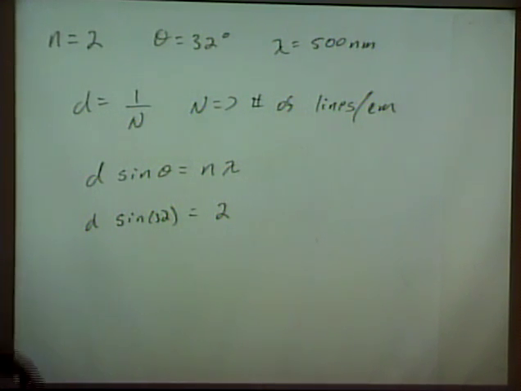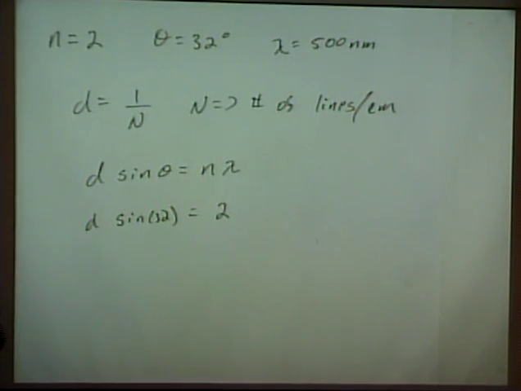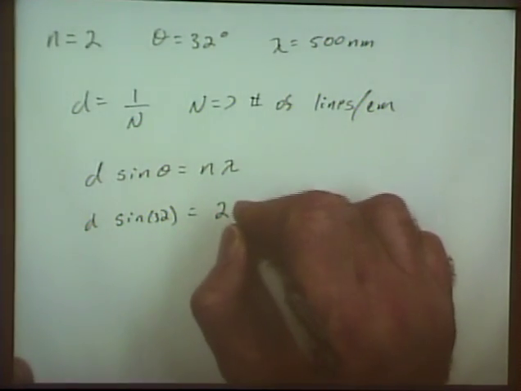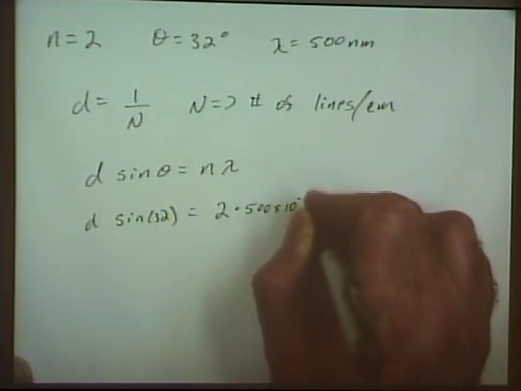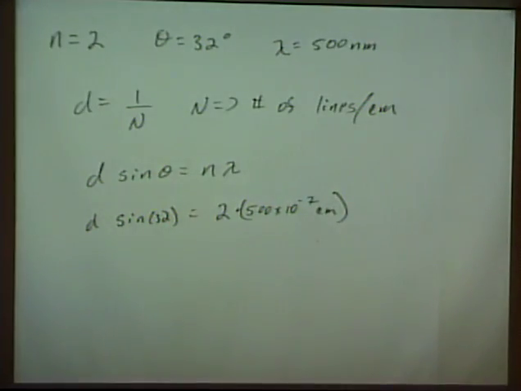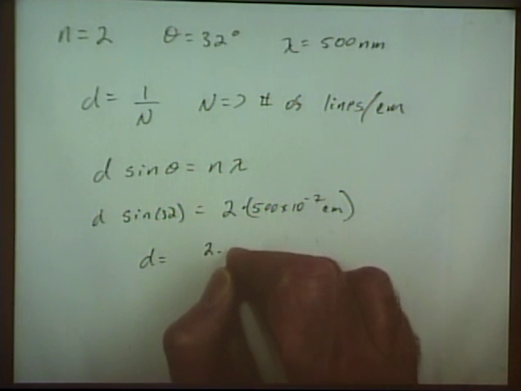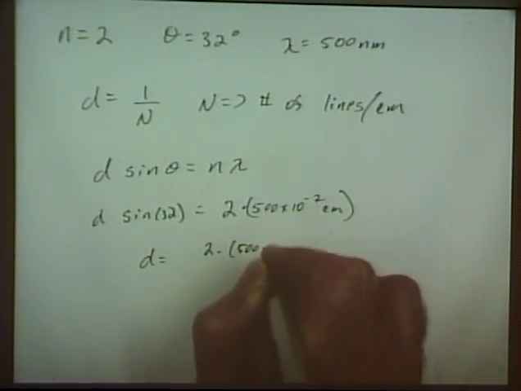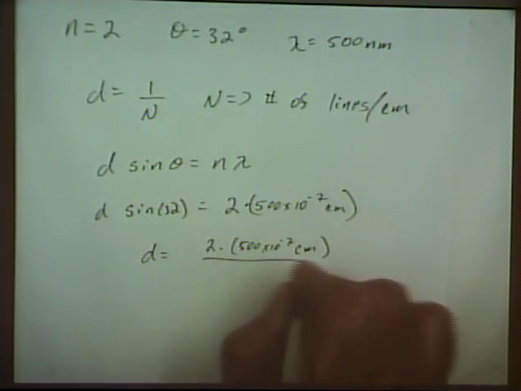So n equals 2 times lambda, which would be 500 times 10 to the negative 7 centimeters. It'd be 10 to the negative 9 if it was meters, but it's 10 to the negative 7 since it's centimeters. So d is equal to 2 times 500 times 10 to the negative 7 centimeters divided by the sine of 32.